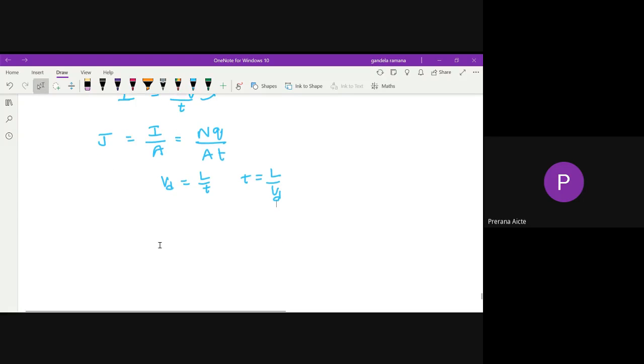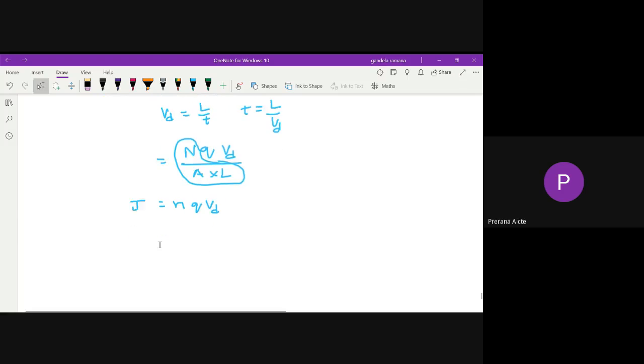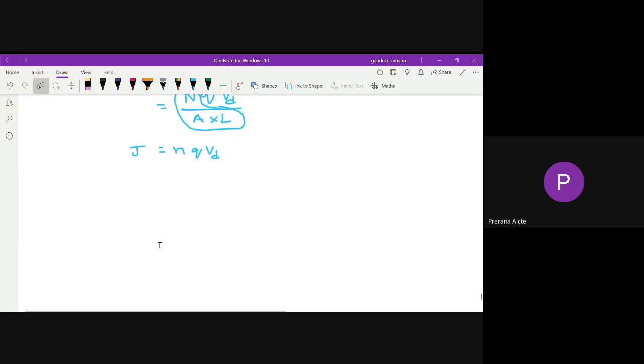What do you get? nQ vd by A into L. This is electrons per unit volume. So J is equal to nQ vd, with electrons per unit volume. This nQ is charge density.